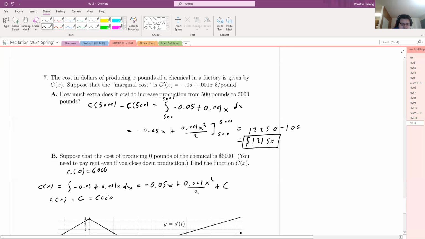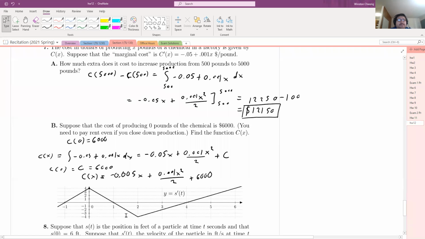But this is equal to 6,000. And so for this particular case with this initial condition, the constant is 6,000. So we should rewrite our problem to use this fact. Okay, so that's the function C of x.